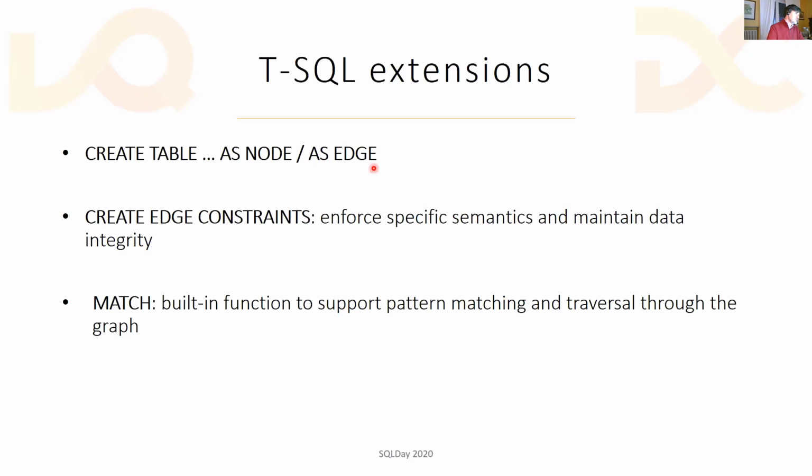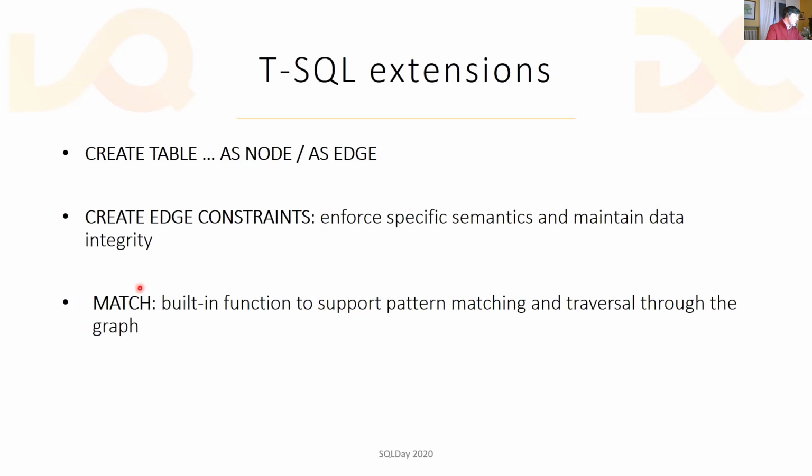I said that the edges are all stored as tables in the database. So you can create both nodes and edges as tables in the database. Just create a table person as node, just create as edge. Then there are some constraints for maintaining the data integrity inside the edge direction, and of course for keeping the relationship alive and valid inside the model.